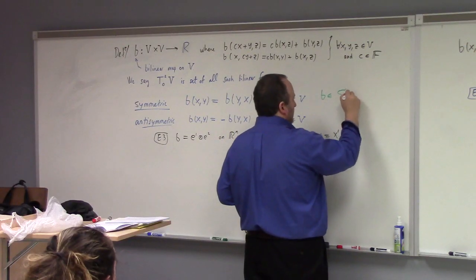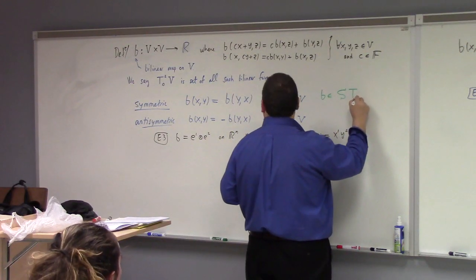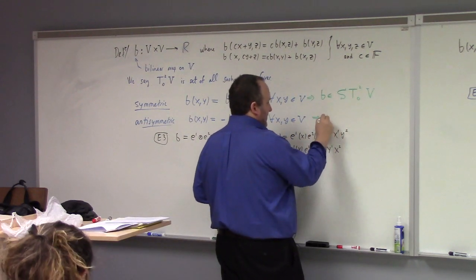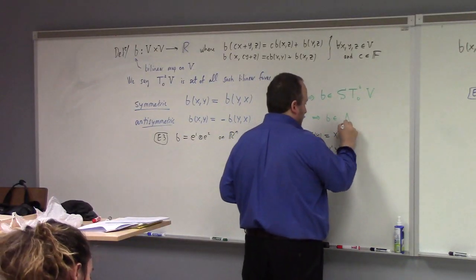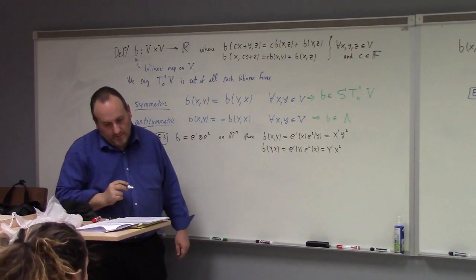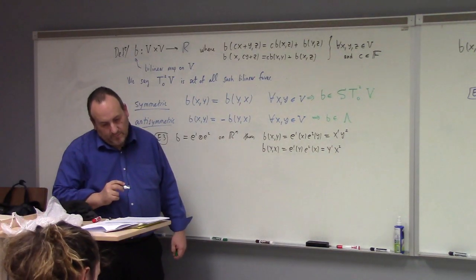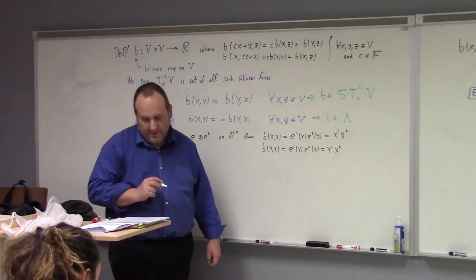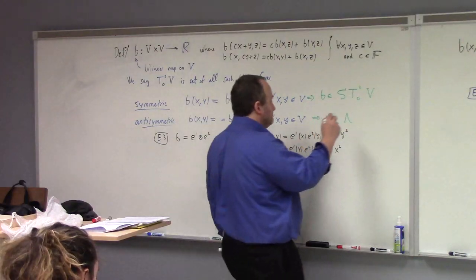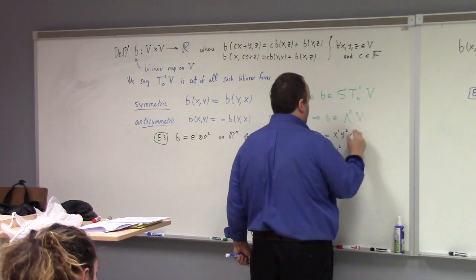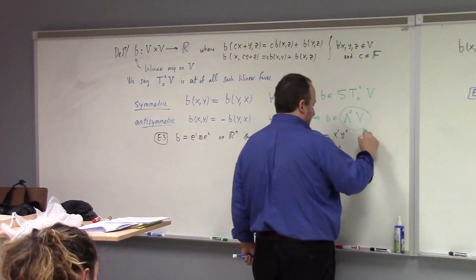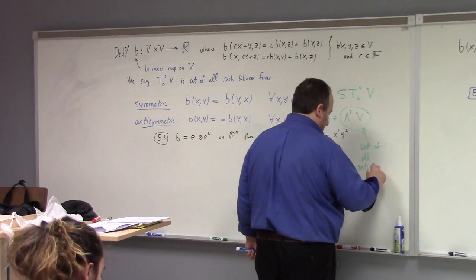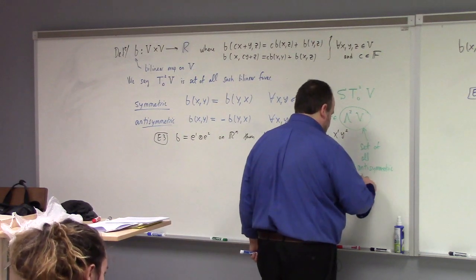Symmetric bilinear forms, so S 0, 2 B, all right? On the other hand, the antisymmetric case, I would say B is an element of what's called capital lambda, lambda 2 B. So this right here is the set of all antisymmetric bilinear forms.